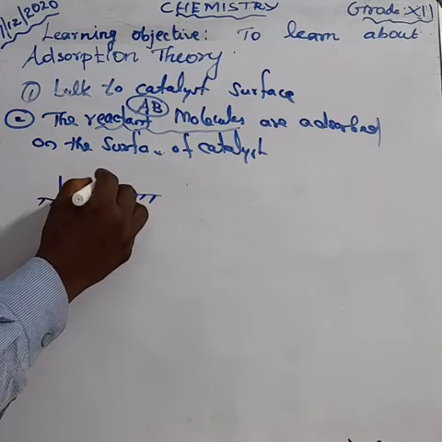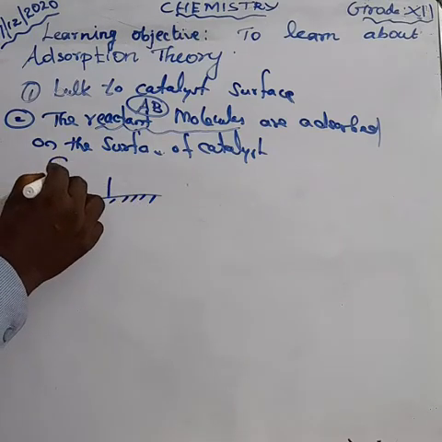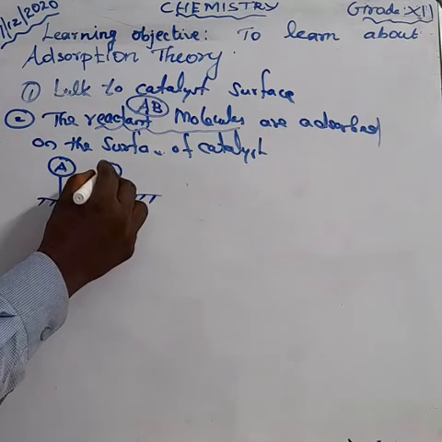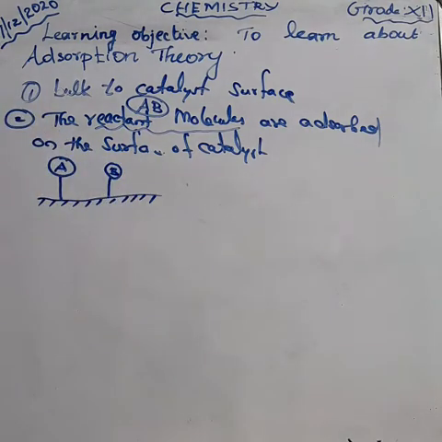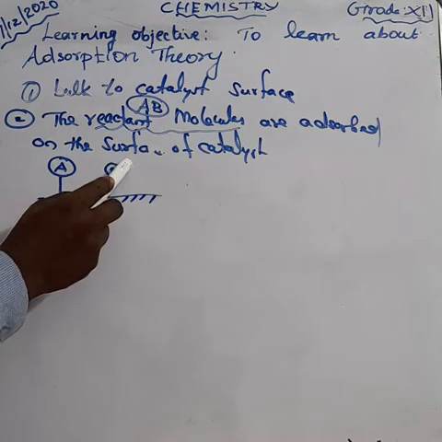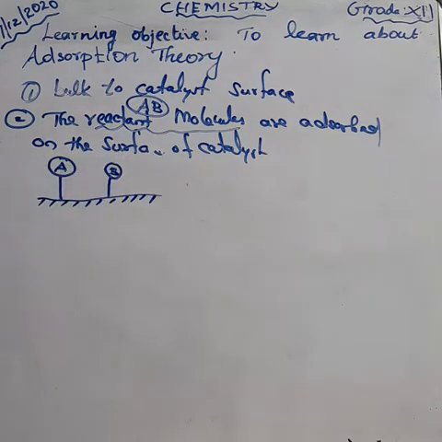One is the reactant molecule A. The other one is the reactant molecule B. Clear? Don't forget that the reactant molecules A and B are adsorbed on the surface of the catalyst.